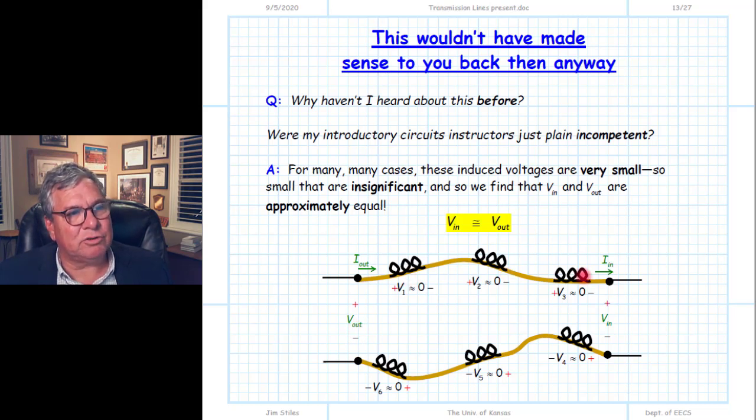The voltage drops due to these inductors, these induced electric fields, are so small that they would be difficult to measure, or from a calculation standpoint, they would be down in digits that were insignificant. And so we simply approximate them as zero. And of course, that makes our analysis much simpler when we do so. And that's what you've been doing for most of your low frequency circuit analysis.